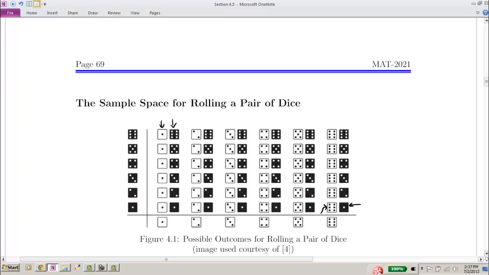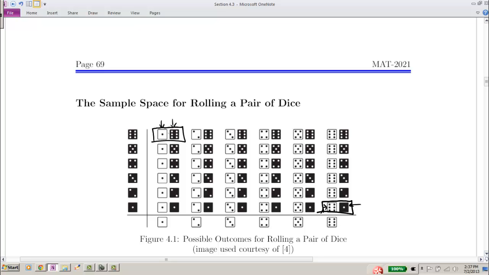We want to count them separately, and here's the reason. When I think about rolling a white die and a black die versus just a pair of dice, we can see that there are 2 ways I can get a 1 and a 6. I could have a 1 on the white die and a 6 on the black die, or a 6 on the white die and a 1 on the black die.